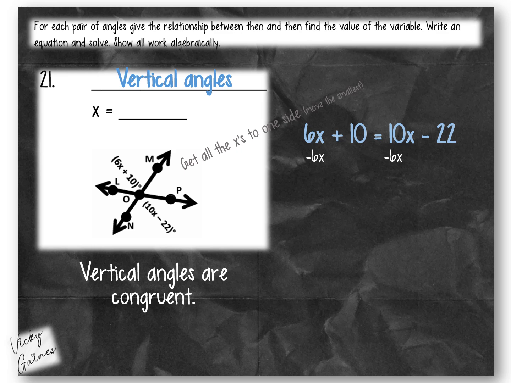So 6x minus 6x, that's gone. Left-hand side is just going to be 10. 10x minus 6x is 4x. Bring down your minus 22. So 10 equals 4x minus 22. Add 22 to both sides of our equation. 32 equals 4x. Divide both sides by 4. x is 8.